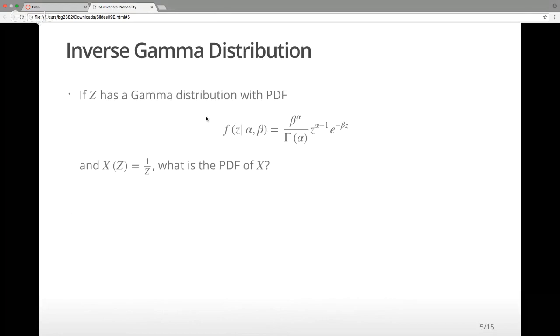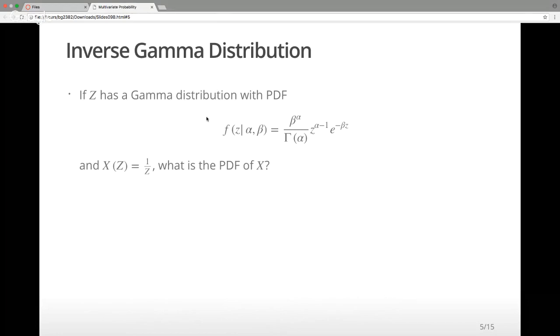Negative 1 over x squared. We're going to need that. Okay, what else do we need to do? We need to multiply with something.